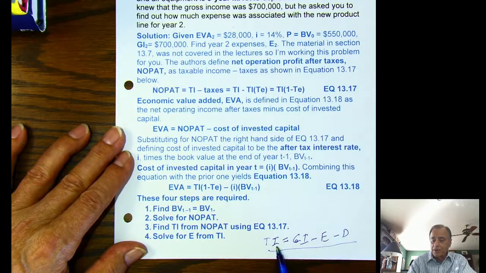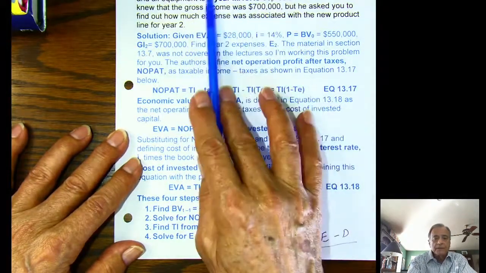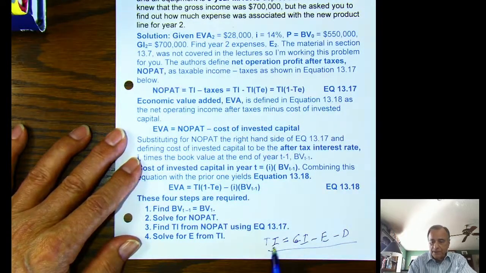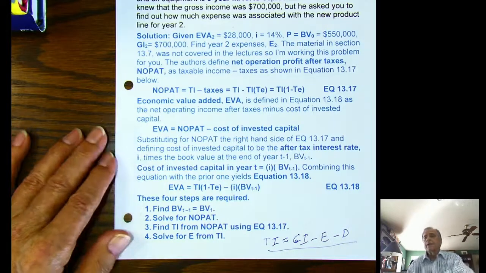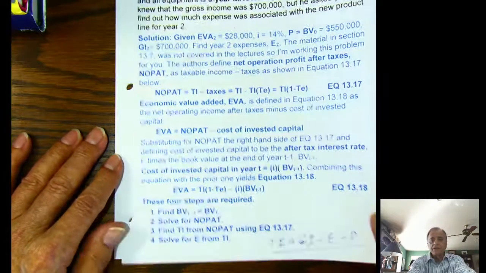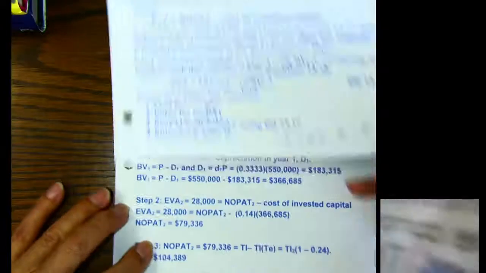We're going to know the taxable income. We were given the gross income way back up here. We solved for taxable income. We know the depreciation. That'll give us expenses. So that's the process I'm going to go through, step by step.